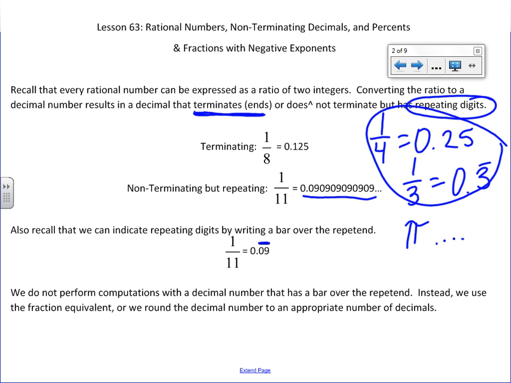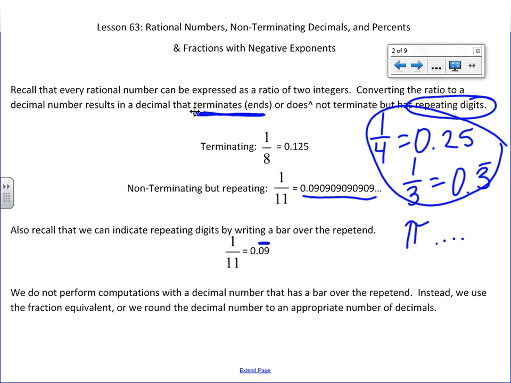And 09 would be considered our repetend because it's what repeats. We do not perform computations with a decimal number that has a bar over the repetend. Instead, we use the fraction equivalent, or we round the decimal number to the appropriate number of decimals. We don't do that because we want to have an exact answer.